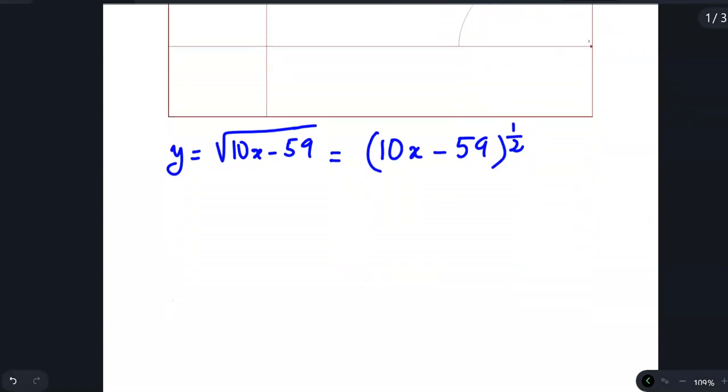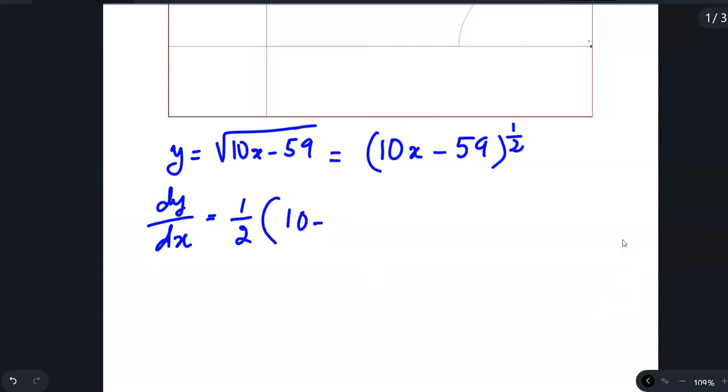Alright, so I will find the derivative. That means I find dy over dx. So we need to apply the chain rule for this. It means I will take a half, multiply the coefficient in front of this bracket here. So it's an invisible number 1. So half times 1 is a half.